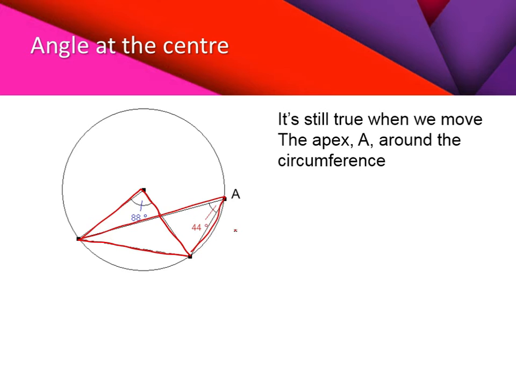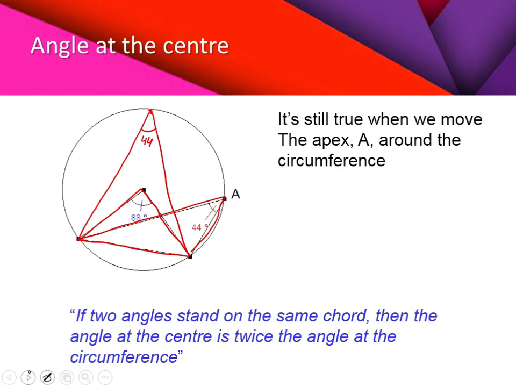So either we have point A here like this, or we have point A here. In both conditions this angle is 44, half of the angle at the center. So the property is, angle at the center is twice the angle at the circumference.